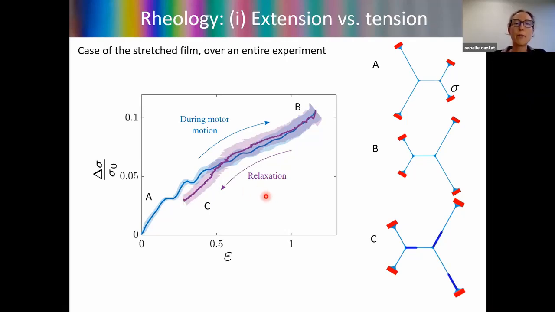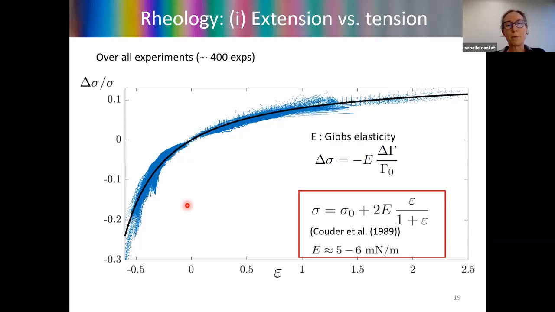And what is very important in this curve is that the two curves are perfectly superimposed. So that's the sign of an elasticity, of a non-dissipative process. We can do this for many experiments by varying the amplitude of the motor motion, the velocity of the motor motion, the initial size of the lateral films, and all the data points are on a single curve relating tension to extension.